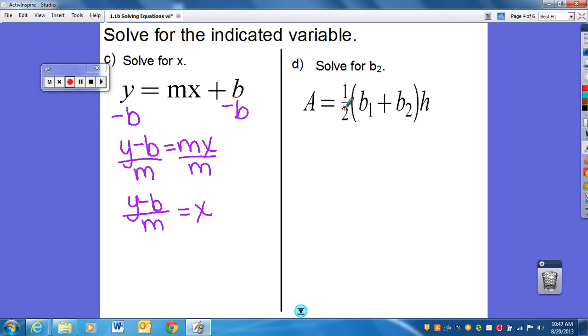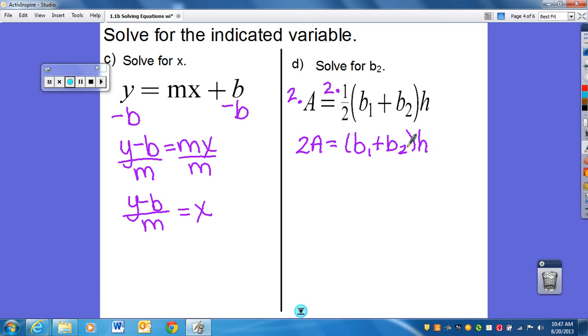Well, I could divide both sides by 1/2 since I'm multiplying by 1/2, or I could multiply both sides by the reciprocal, which is 2 over 1 or 2. So my result is 2a, since 2 over 1 times 1/2 is 1. So now I'm left with b1 plus b2, that quantity, times h.